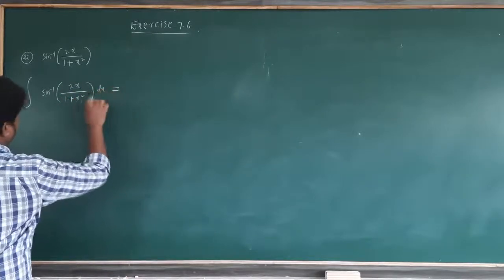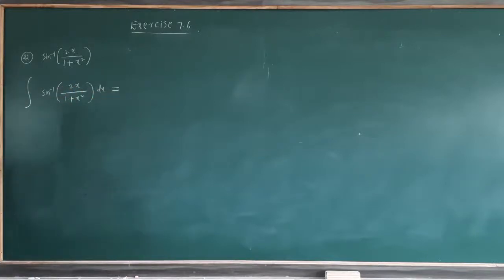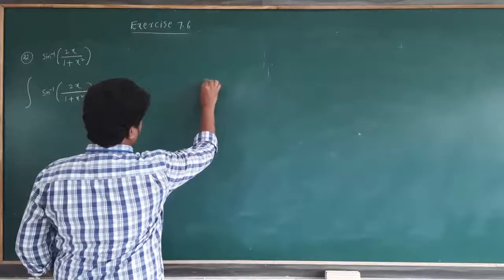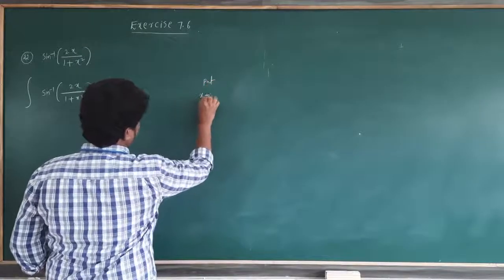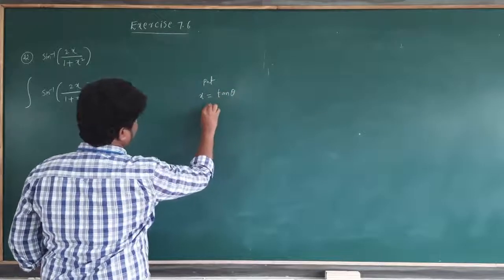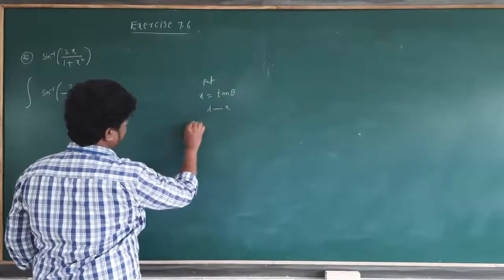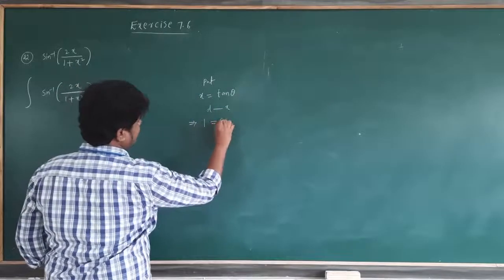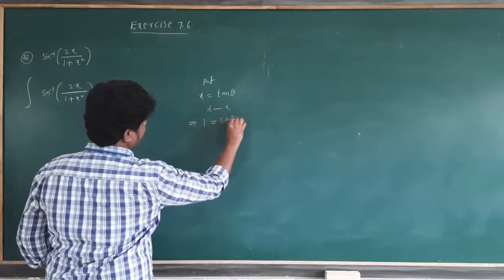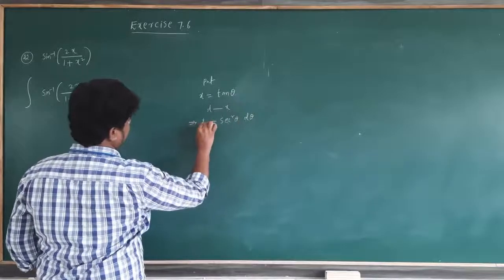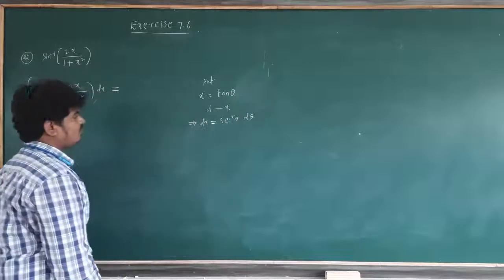Here take x equal to tan theta. Okay, x is equal to tan theta. Differentiate both sides with respect to x. The derivative of x is 1. The derivative of tan theta is secant square theta into d theta by dx. I am taking dx here.